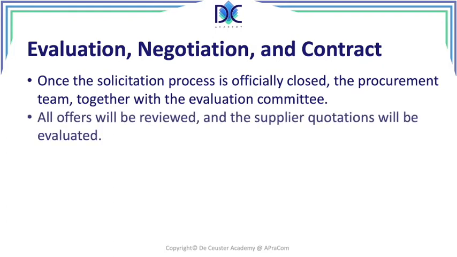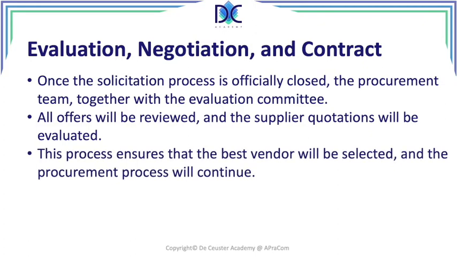So basically, once we have all these offers, we can review the quotations and write a report what we think would be the best solution to select. The process is to ensure that the best vendor will be selected, and then we continue with the procurement process.